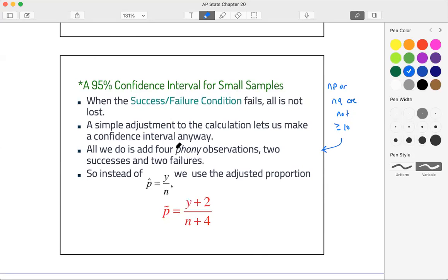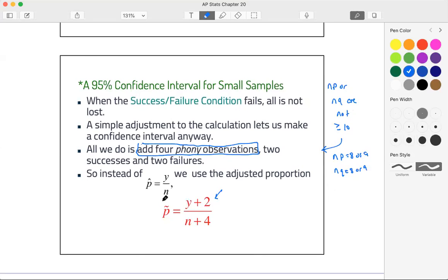You can come up with 4 additional observations and fix your sample size condition. Now, this really only works when np is equal to like 8 or 9, or nq is equal to 8 or 9. What you end up doing is you add a total of 4 phony observations. You add 2 successes and 2 failures.